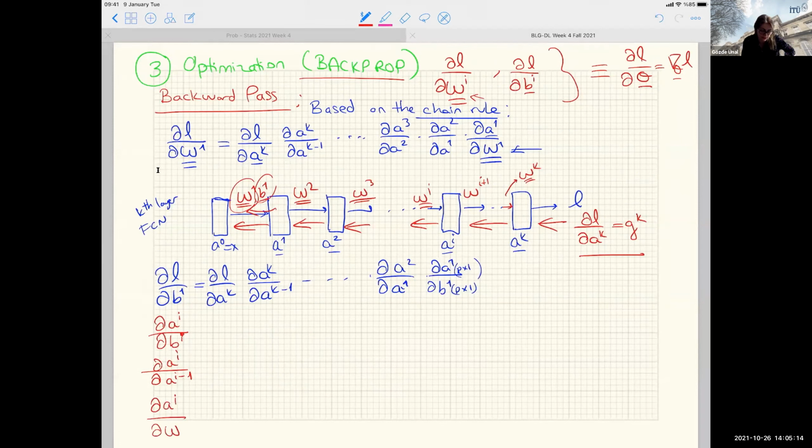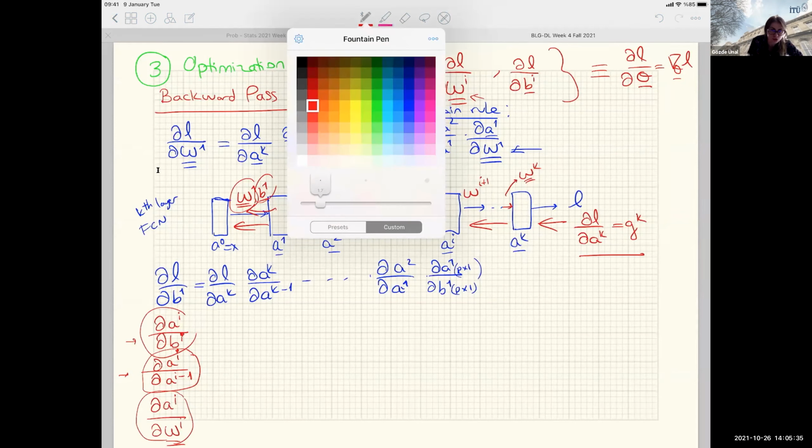So I have these activations with respect to previous activation. These are those local gradients. We call them local gradients. And I need also these activation with respect to parameter gradients. These are important. Again, keep using the chain rule.